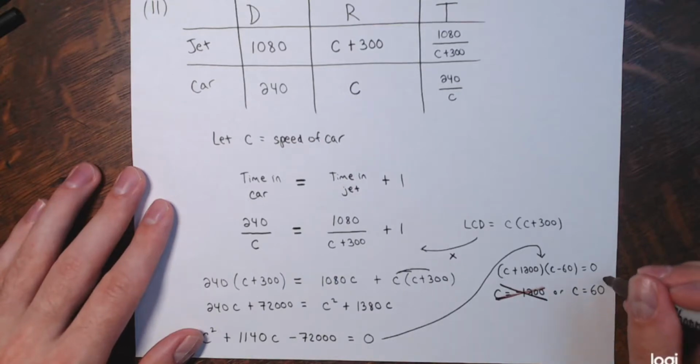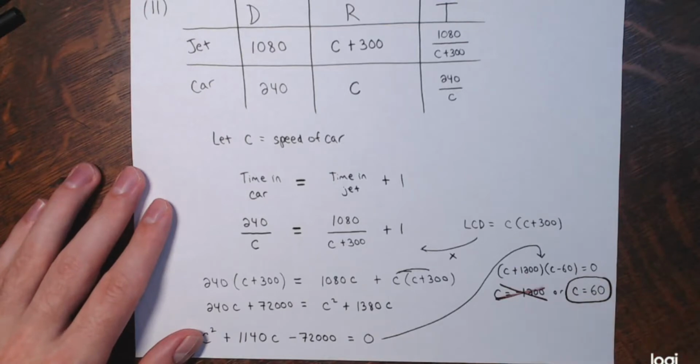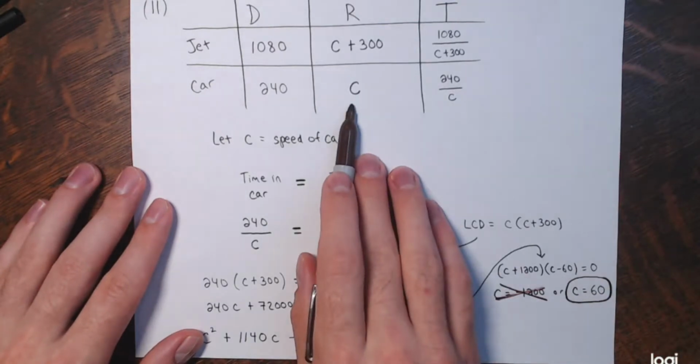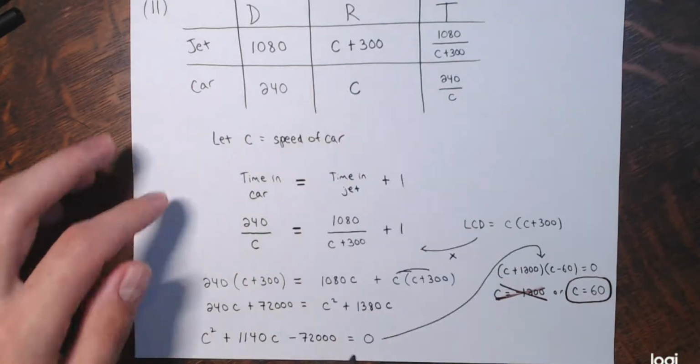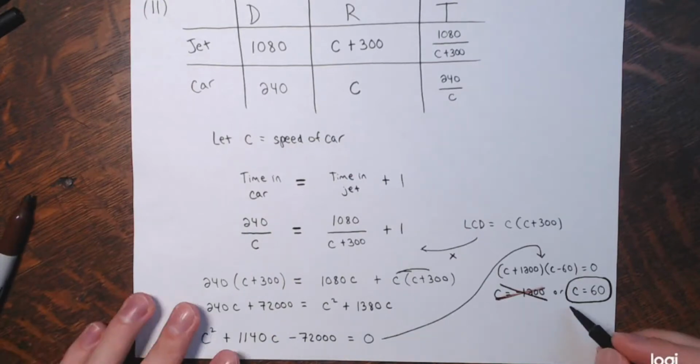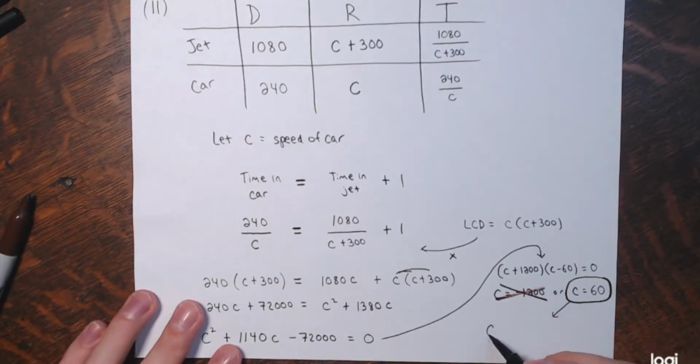So the only one of these that makes any sense at all in the context of the problem is 60. Right, the car would be going 60 miles per hour and the jet going 360 miles per hour. Right, so the car goes 60 miles per hour. Wonderful.